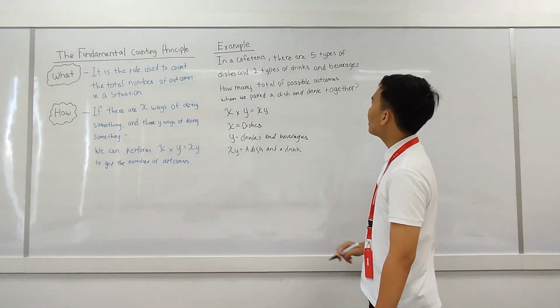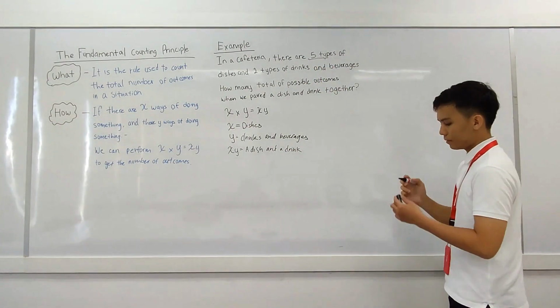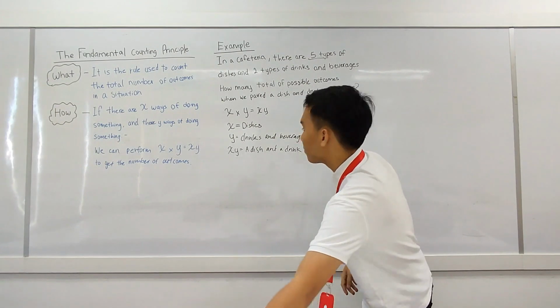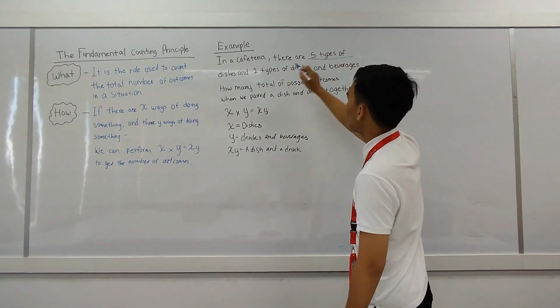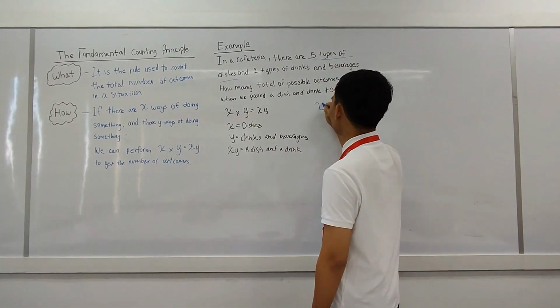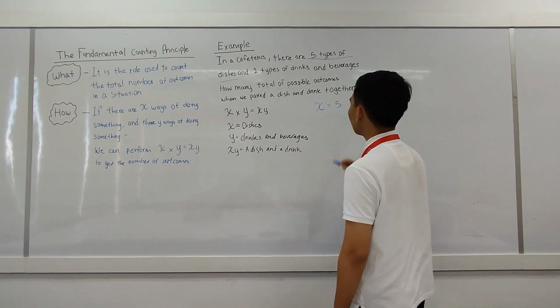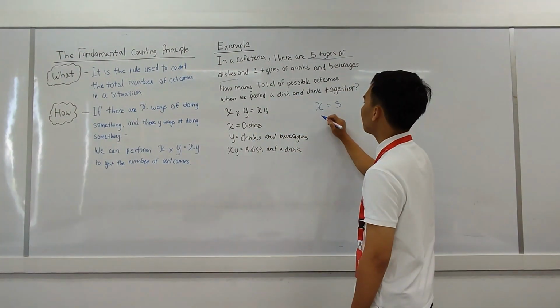So, how many types of dish do we have? We have 5. So X is 5. And how many drinks and beverages? We have 2.